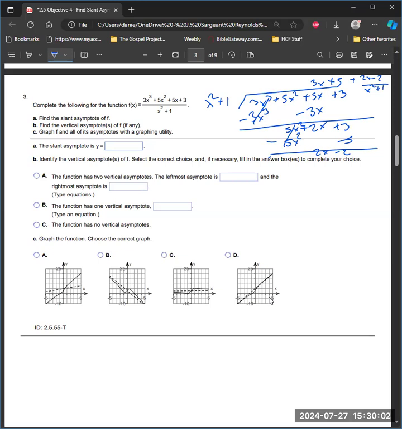And y equals 3x plus 5. And we have no vertical asymptotes. And we have a horizontal, no, we have an oblique that we just found. So we need to see if it crosses that oblique.